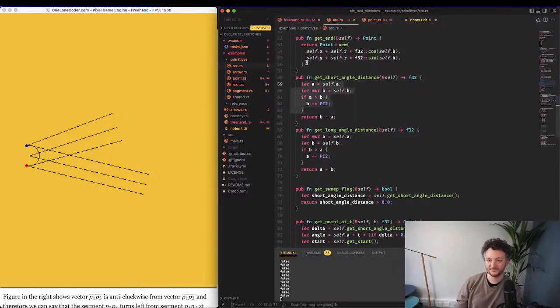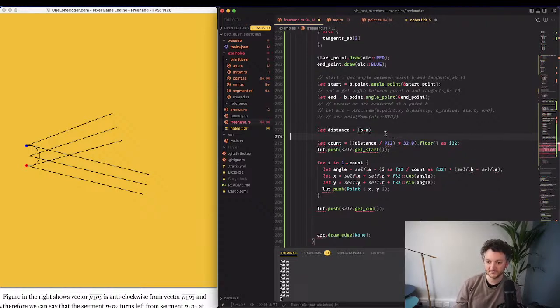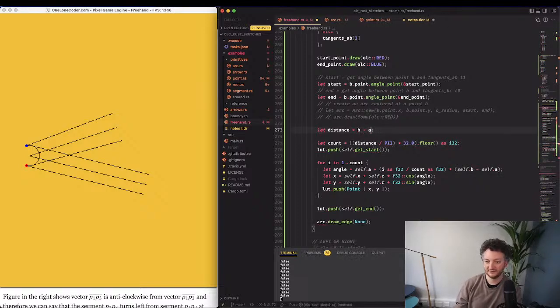So distance, I'm just going to say b minus a dot b minus a. And then or start minus end. Distance, remember pi times 2. Get start would be start point.